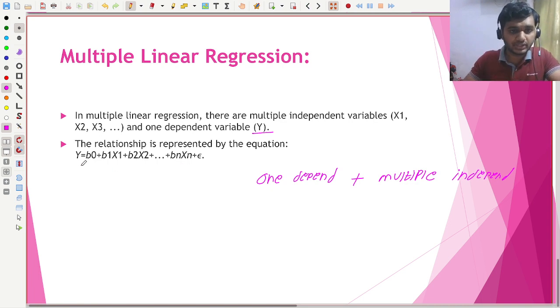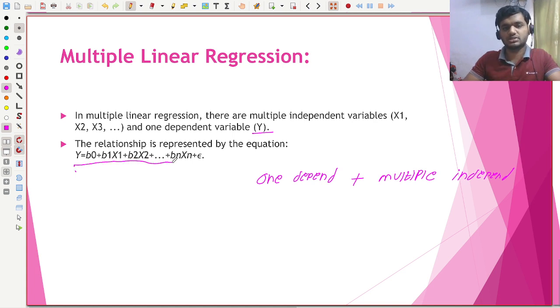In simple linear regression, the equation was y equals mx plus c. But here, y equals b0 plus b1 x1 plus b2 x2 plus up to bn xn, plus epsilon.